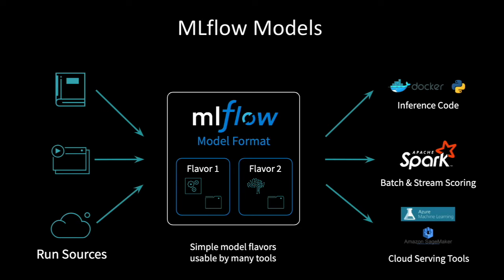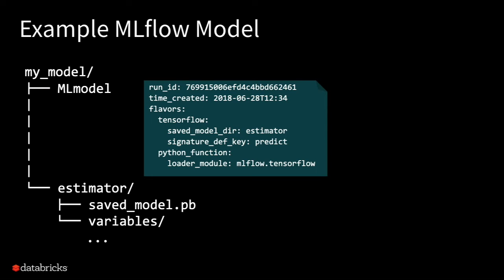But in the case of hitting an API, we have ways via MLflow to basically package stuff up and ship it off as a Docker instance. It also interfaces with Azure ML and SageMaker as well. So once you actually save that model, depending on what model you're using, in this case TensorFlow, that ML model file will be generated.